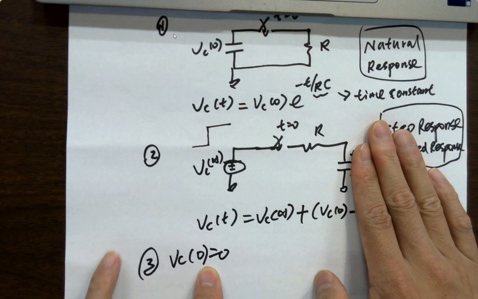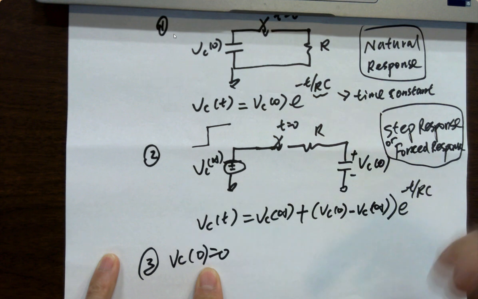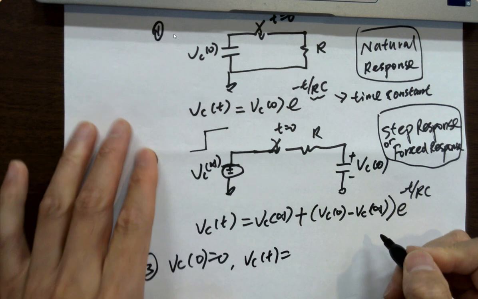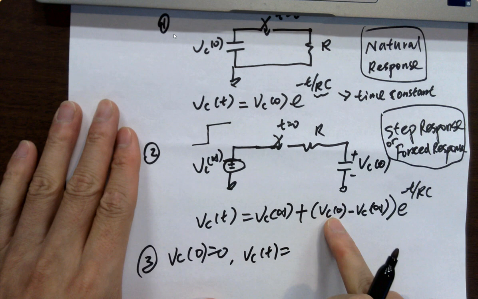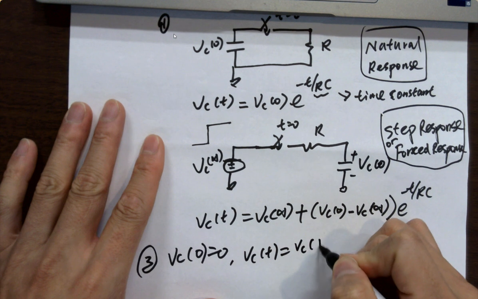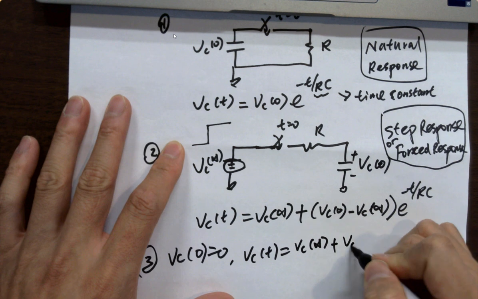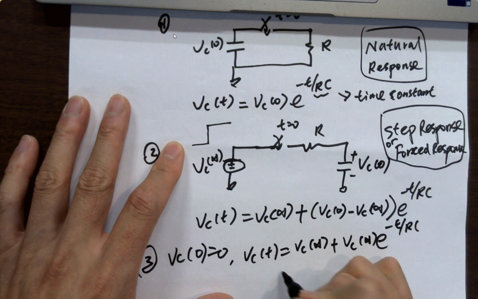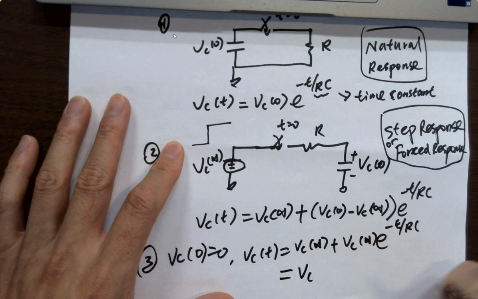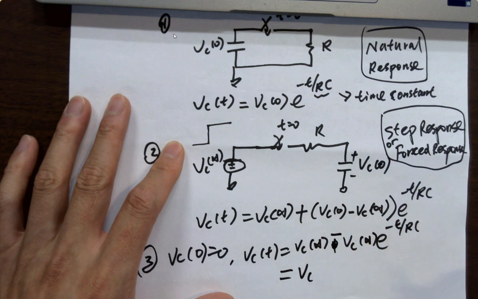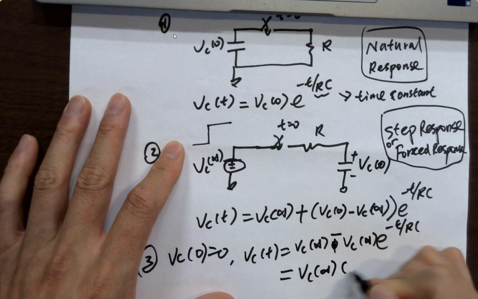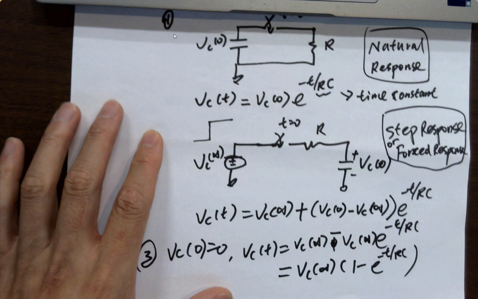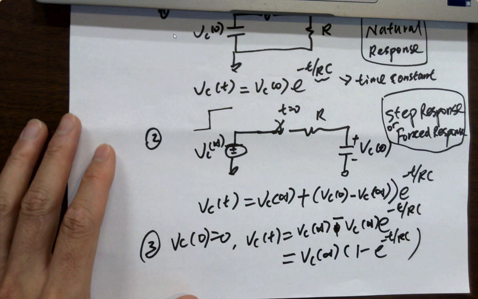If no initial voltage, what does this become? VCT equals what? VC infinity times 1, VC infinity plus VC infinity what? This, right? And this is also V infinity times (1 minus ...). Okay?